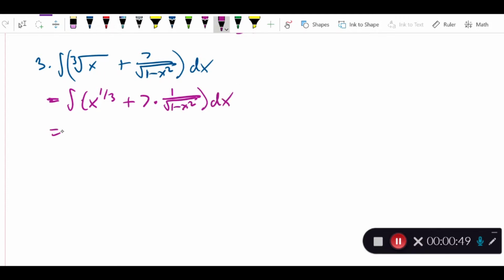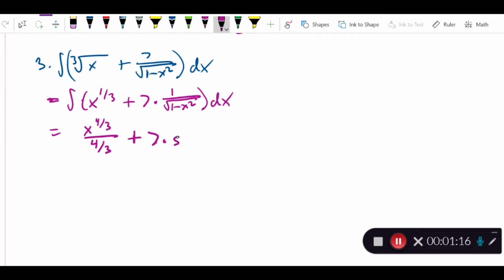For the power function, x to the 1/3, its antiderivative is going to be, I will add 1 to 1/3, giving me 4/3. And then that gets divided by 4/3. And then here we have 7 times the antiderivative of 1 over square root of 1 minus x squared. You should recognize from earlier units that 1 over the square root of 1 minus x squared is the derivative of arcsine.